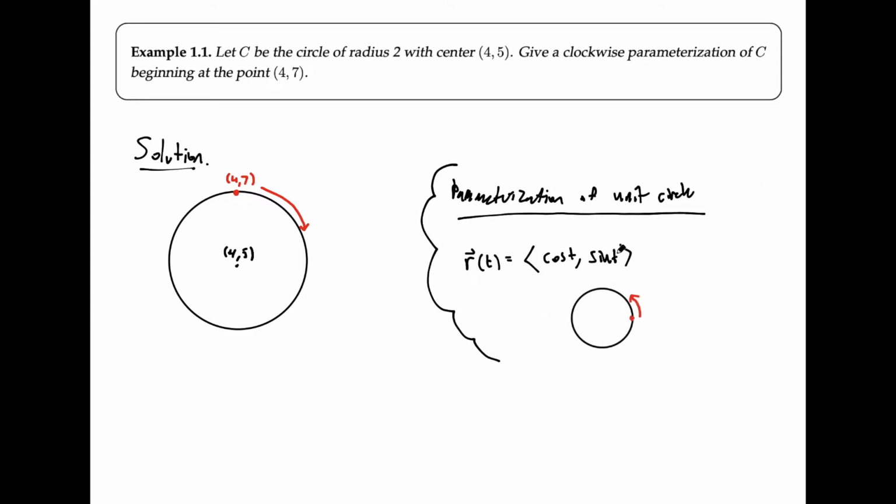The usual parameterization of the unit circle is a counterclockwise parameterization. You can see this either by plugging in some points, or, for example, taking the derivative and looking at the tangent vectors. The other issue is that in the circle that we care about, I want to start up here, and the usual parameterization starts on the right-hand side. So we have a couple things to keep in mind, but this is, in any case, a good starting spot.